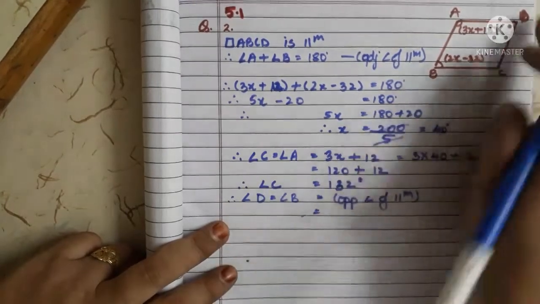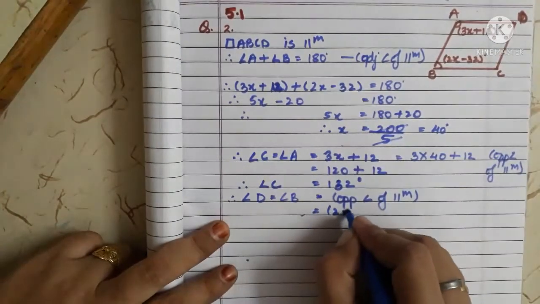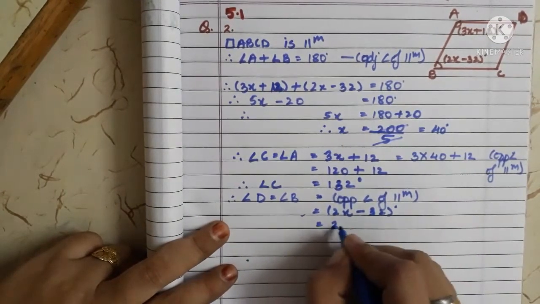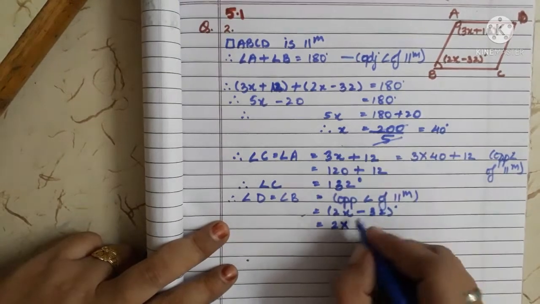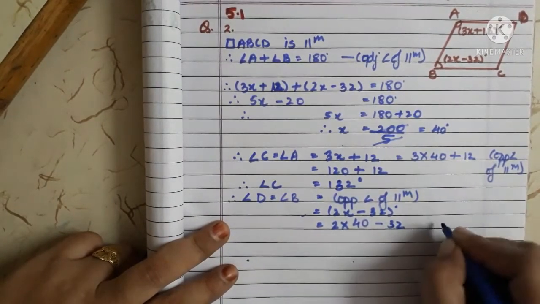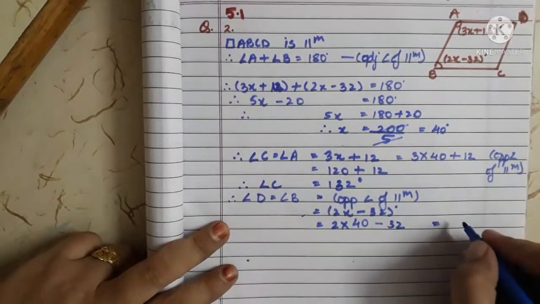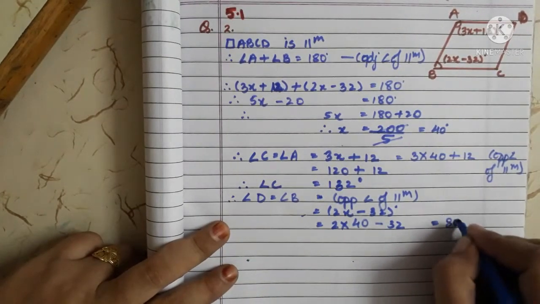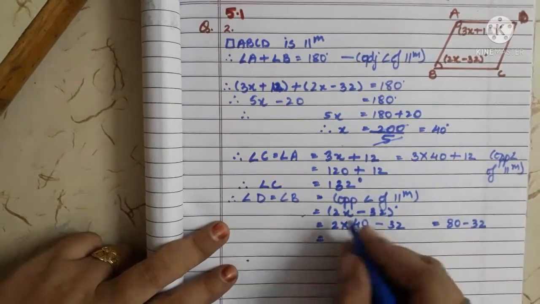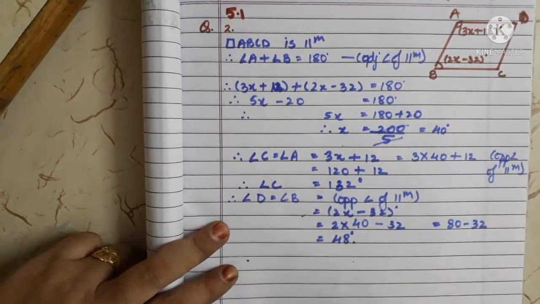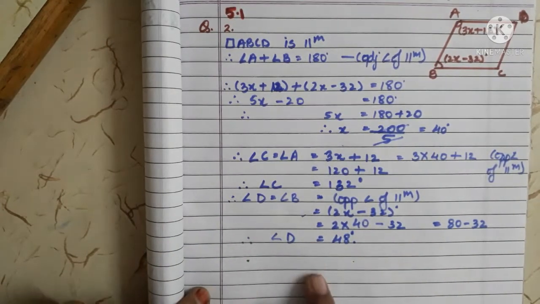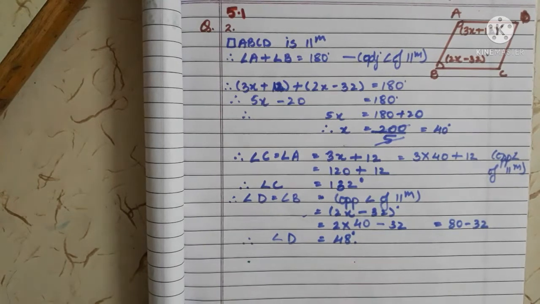Angle B is given, that is 2x minus 32 degree. So 2 into 40 is 80, minus 32. You will get 80 minus 32 is 48 degree. Therefore, angle D is equal to 48 degree.